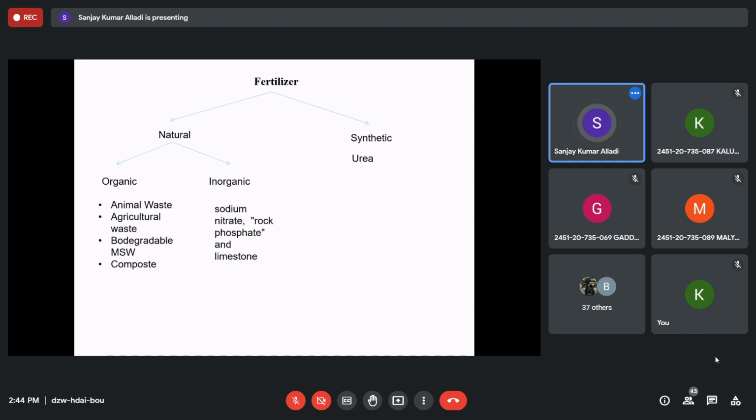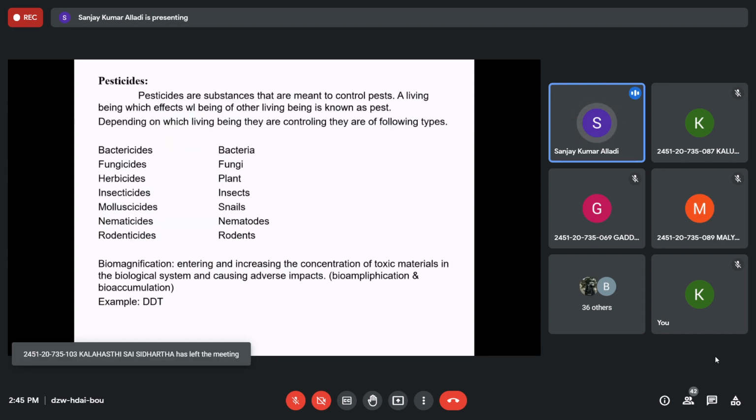A pest is a living being which can harm the physical well-being of other living beings. A living being which can cause adverse impacts on other living beings is called a pest, right?